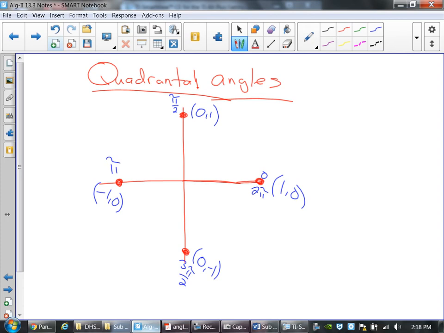The next time we see it is back at, and it's where? And then it ends up again at 0, at 2 pi. So sine starts at 0, cycles itself.